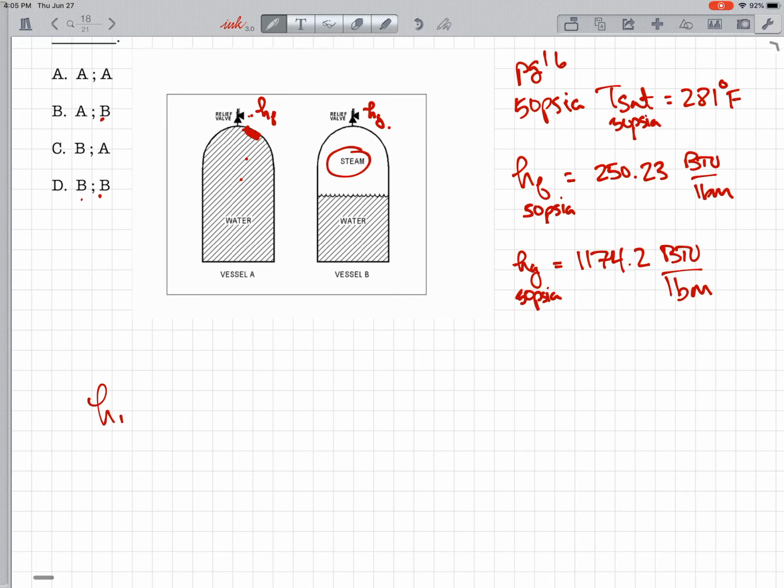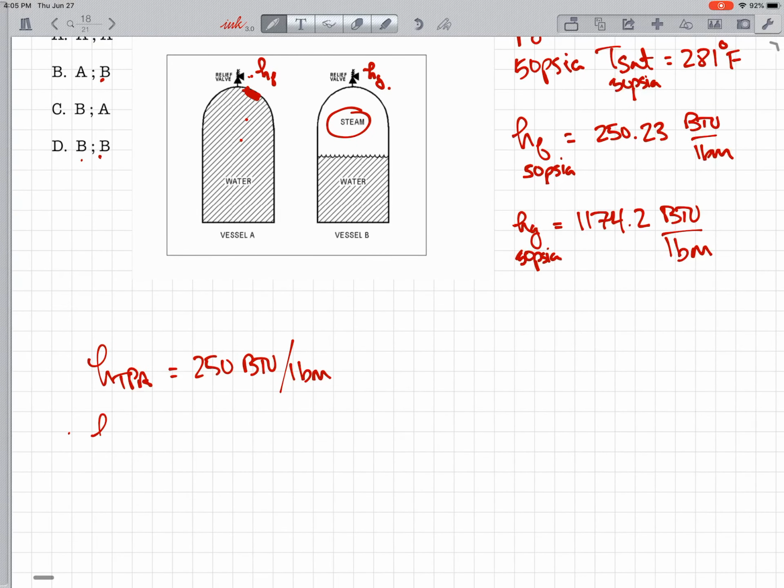So we'll call it enthalpy at tailpiece A is going to be equal to 250 BTUs per pound mass. And the enthalpy of the tailpiece at Bravo is going to be equal to 1174 BTUs per pound mass. Now they're going to a pressure equal to atmosphere, right? Equals 15 psi.